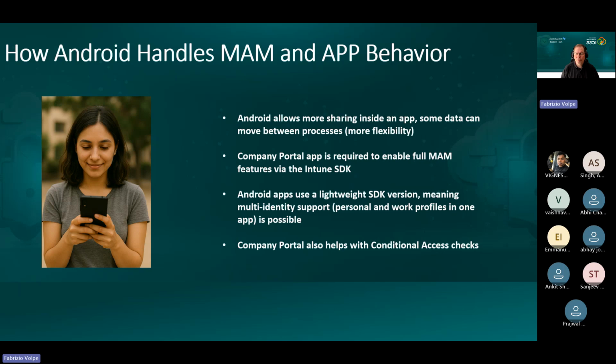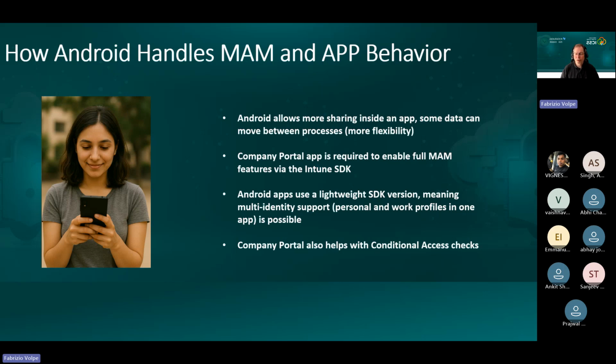The Android apps use a version of the SDK that is actually called lightweight, which means that actually in a single app it is possible to have different profiles. So it is not as isolated and sandboxed as iOS.